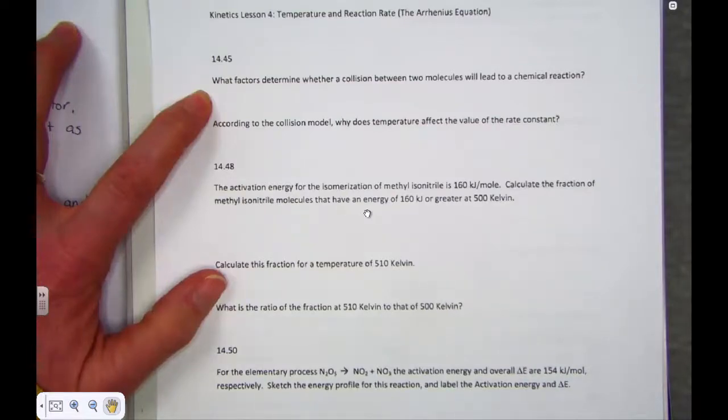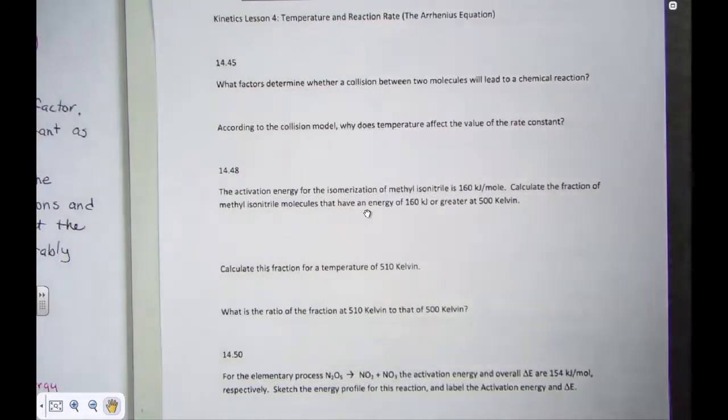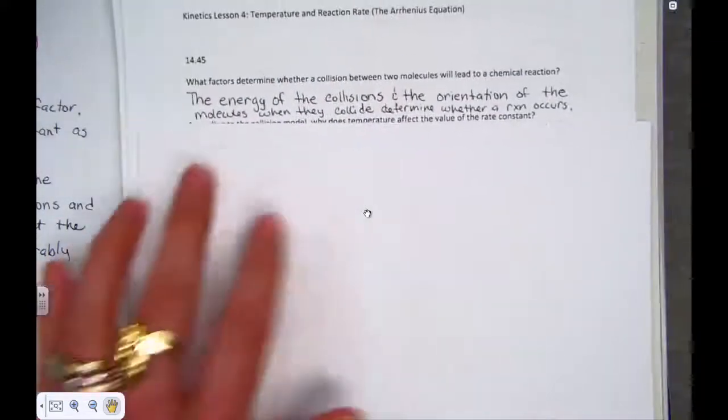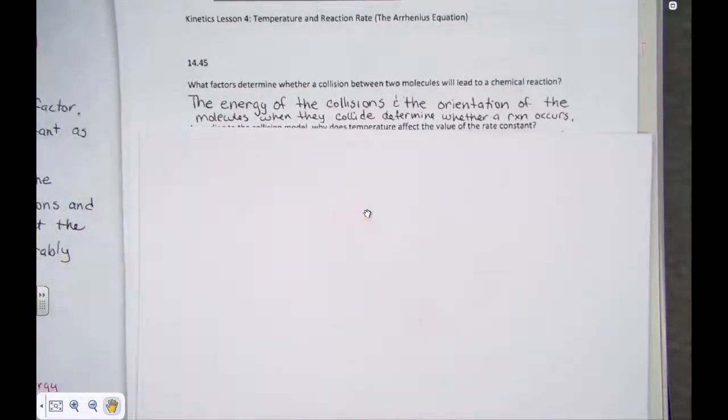There are two determining factors we just discussed that would increase the likelihood of a collision actually making reactants turn to products. I've taken the liberty of pre-writing this out, so I'll share my answer with you. The two things are the energy of the collisions and the orientation of the molecules will determine whether or not a reaction occurs.